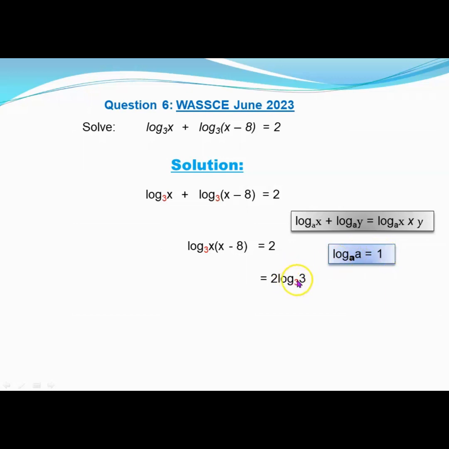Therefore, log to base 3 of 3 will be equal to 1. So 1 multiplied by 2 is still the same thing, right? So it comes this way.